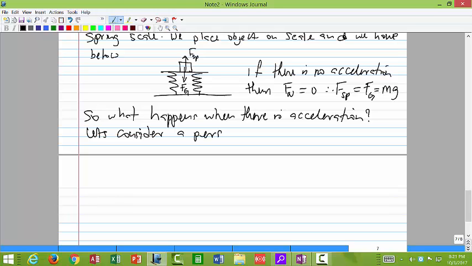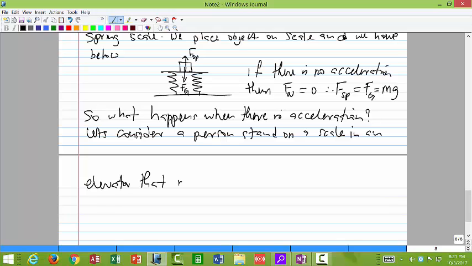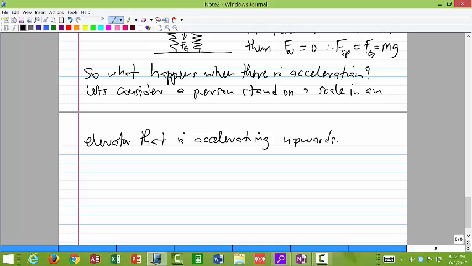So let's consider a person standing on a scale in an elevator that is accelerating upwards. Okay. So we put an elevator like that, a container like that. We have a scale, and we have this person standing on the scale as it's accelerating upwards. So let's say we have acceleration a.